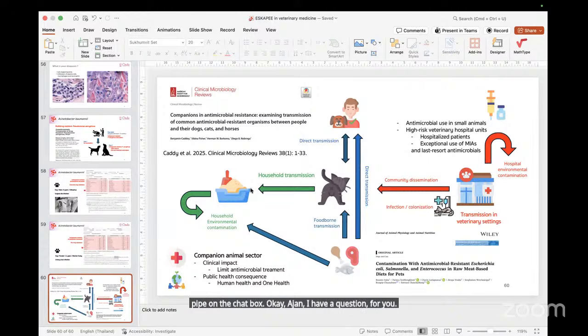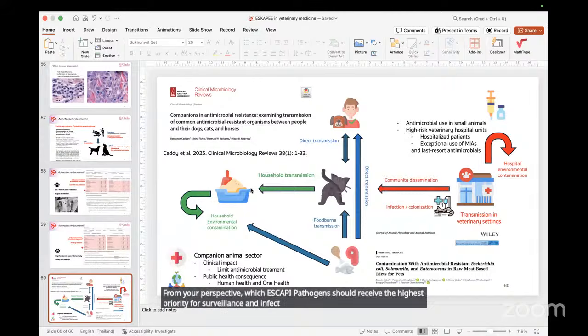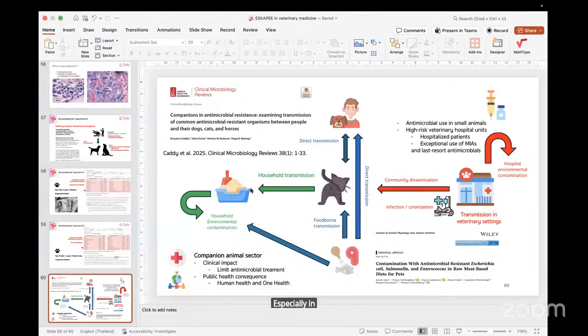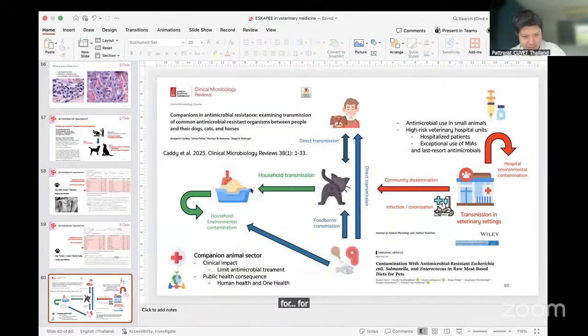From your perspective, which ESKAPEE pathogens should receive the highest priority for surveillance and infection control in veterinary settings, especially in small animal hospitals and pig farming systems? And what are the main reasons for prioritizing these pathogens? For prioritizing, I think it is the same as the priority from the WHO.